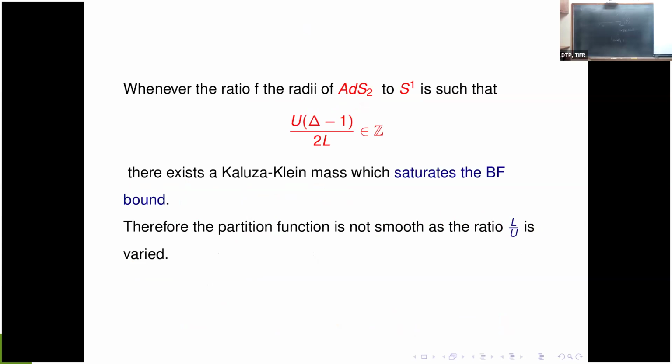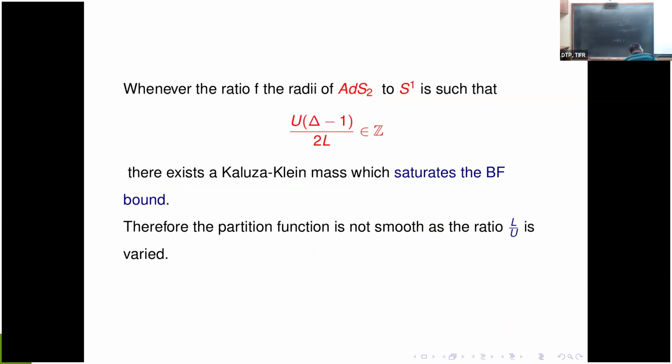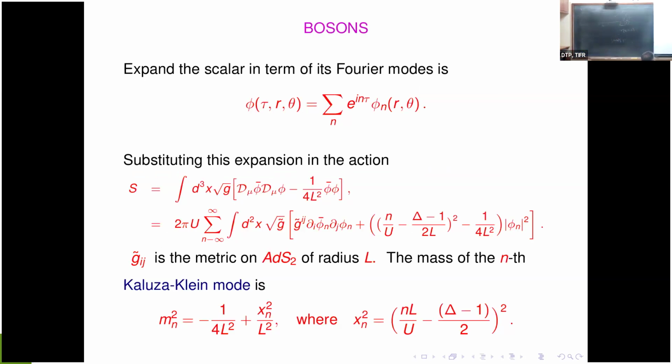So it's clear from our previous discussion that whenever this ratio becomes equal to an integer, equal to the integer of the Kaluza-Klein mode, there will be a problem with this partition function. And that itself tells you something, because in supersymmetric theories, you shouldn't have these problems. You shouldn't have jumps, it should be smooth.